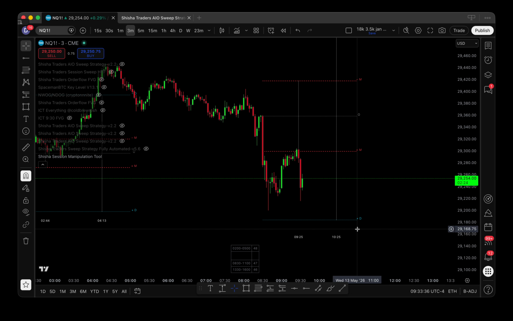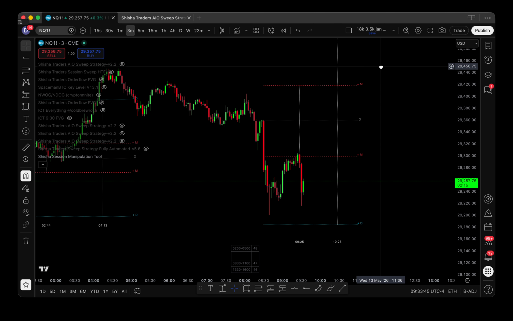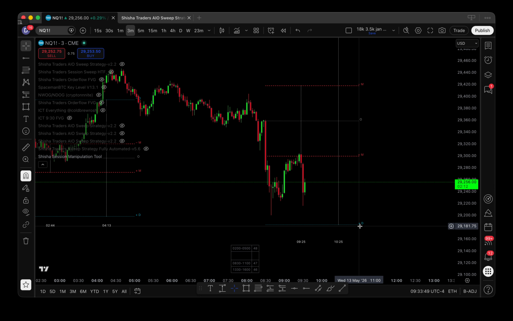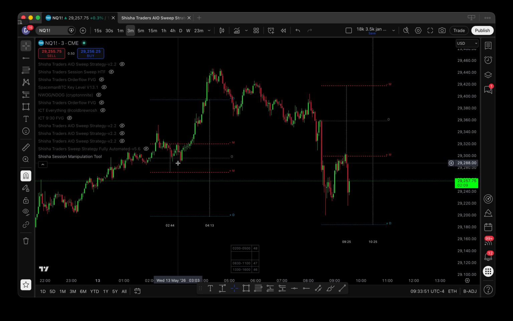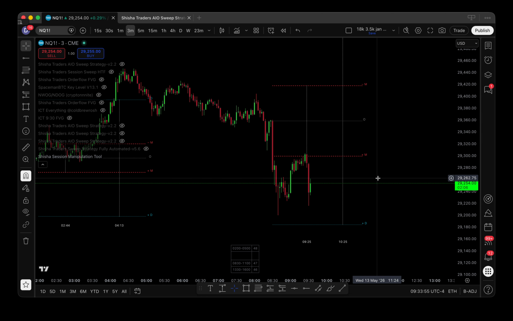Before I go into anything right now, this is manipulation. This is the origin, and this is distribution. We're going towards the distribution right now. These levels are not based on swings or midpoints or anything. These are specific to our strategy. It is insane. That's the first thing.